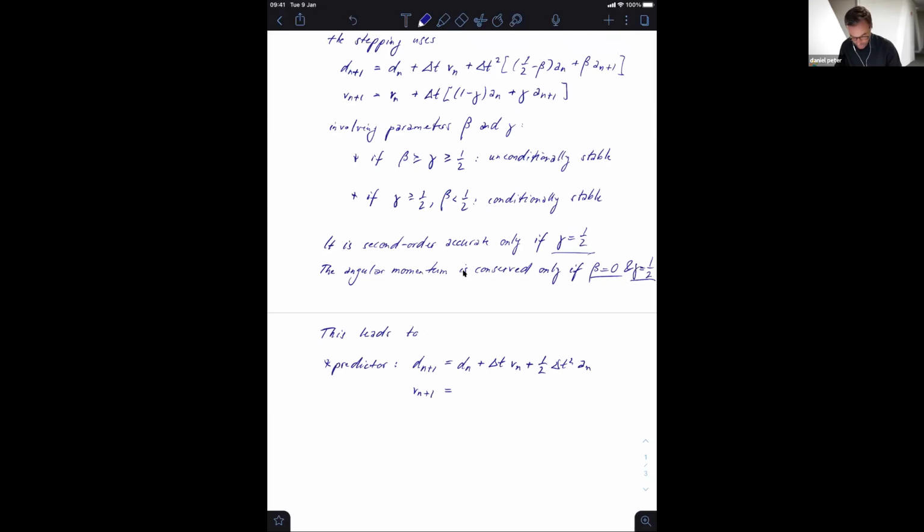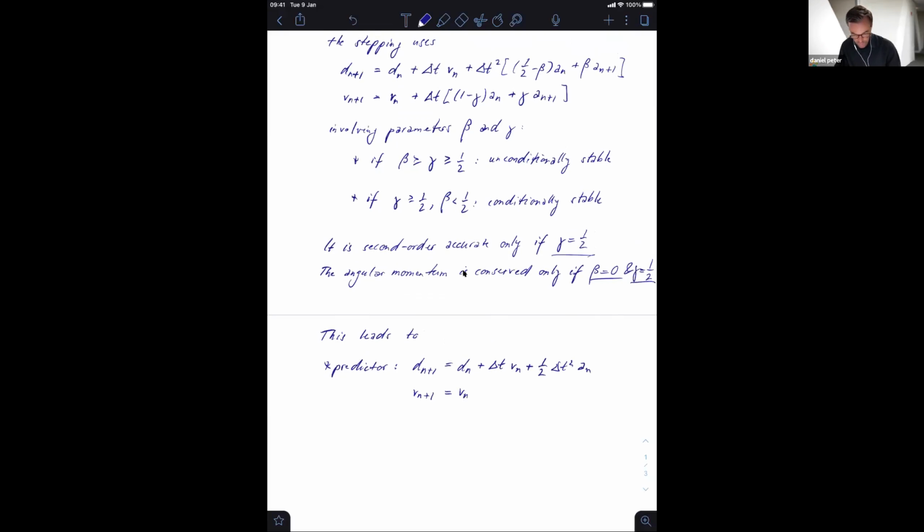Good. What's the update for velocity? So the predictor step will be the velocity plus, now gamma is 1/2. So we do have a term which involves the acceleration from the previous time step, but then we also need to compute the acceleration from the current time step, or n+1. So the predictor step is using this previous acceleration. So we have 1/2 delta t times a_n, acceleration from time step n.